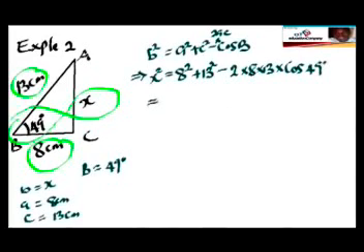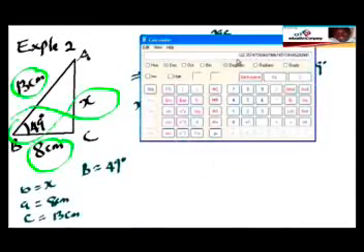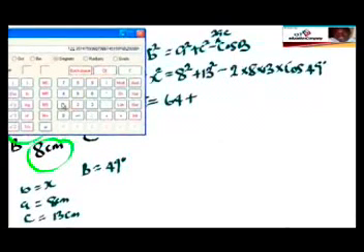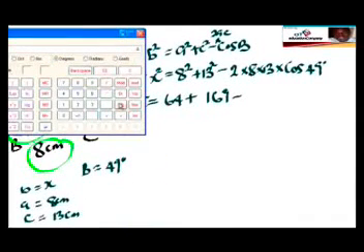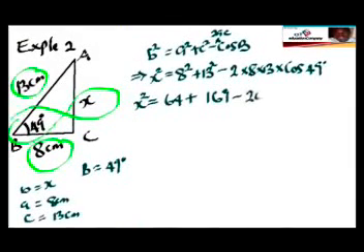So here I'm going to have 64 plus 13 square, which is 169, minus 2 times 8 times 13, which is 208, times cos 49.